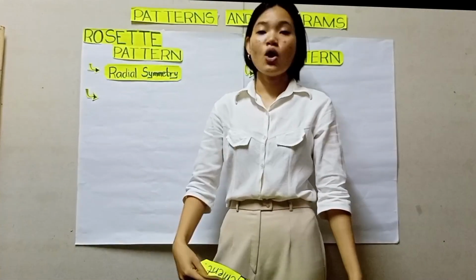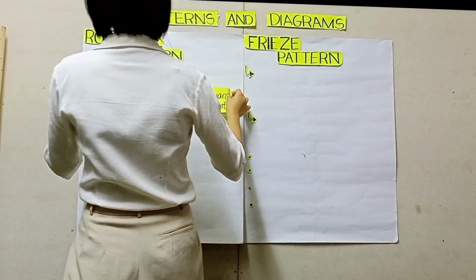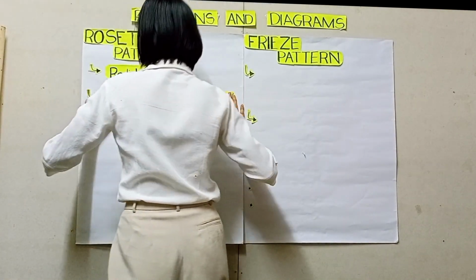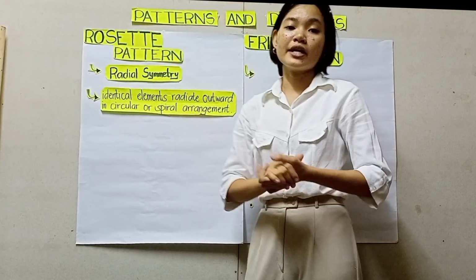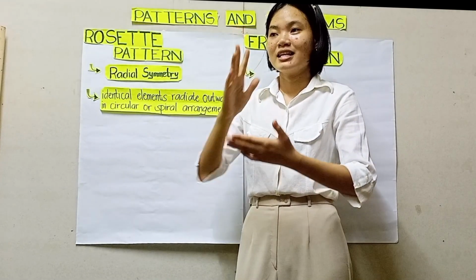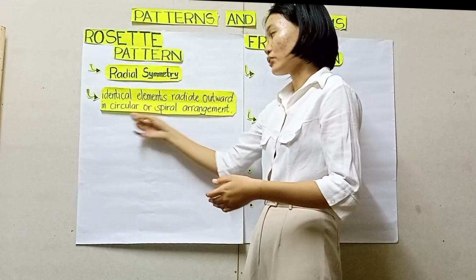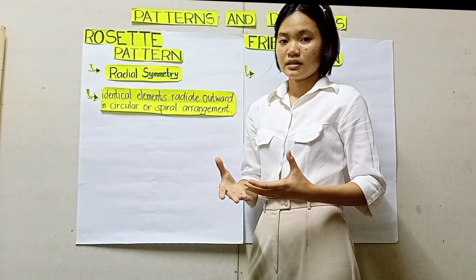Another definition of Rosette pattern is that its identical elements radiate outward in a circular or spiral arrangement. So it doesn't have straight lines. It has a curved or circular spiral arrangement.